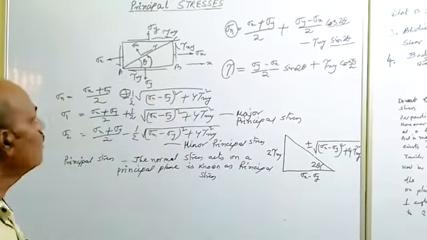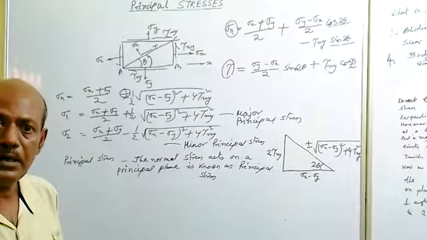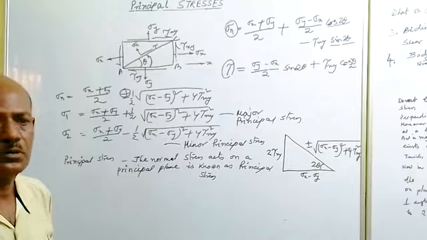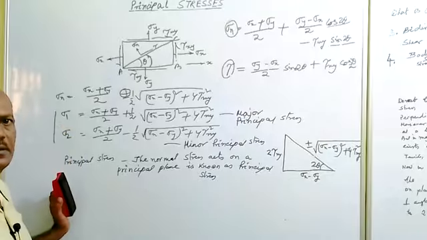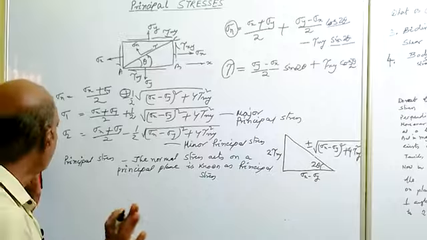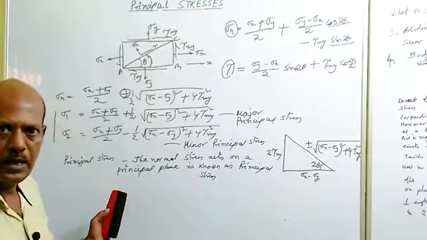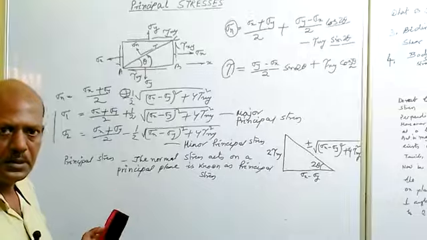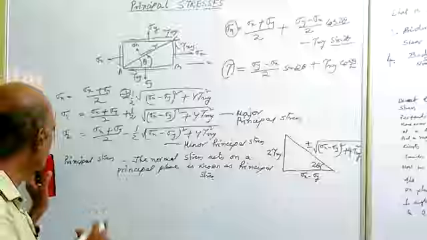Okay, that's all about this principal stress calculation by using analytical method. By using the formula, directly you can calculate sigma 1 and sigma 2 values. Other part of principal stress, how to find principal stresses by using Mohr circle, we will see in Mohr circle.